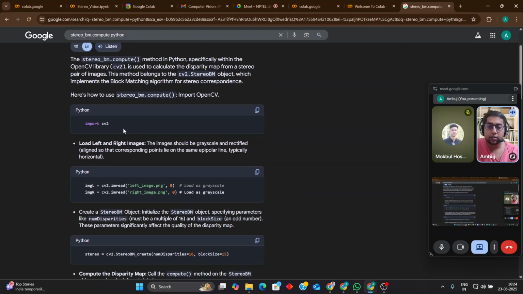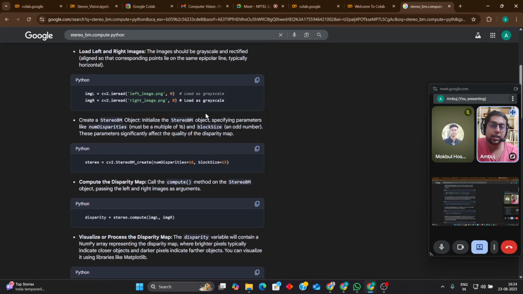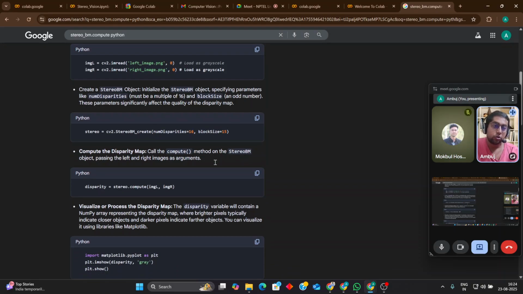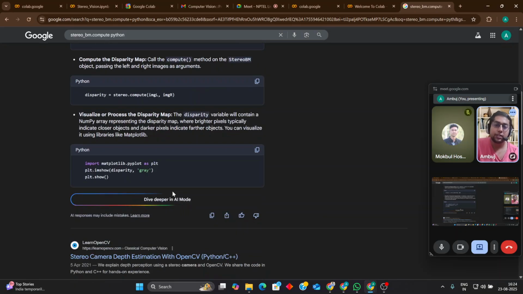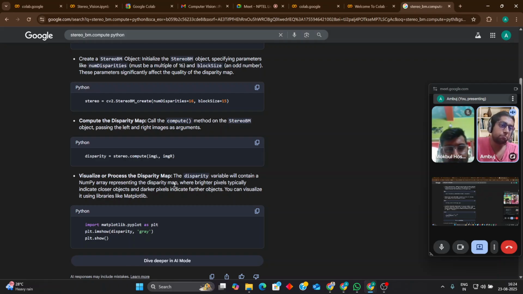After loading left and right images, this function is used to initialize the object and specify the number of disparities and the block size. So our job here in Python is simpler, because we already use the predefined functions, but the application part as well as the integration part is very essential for us.